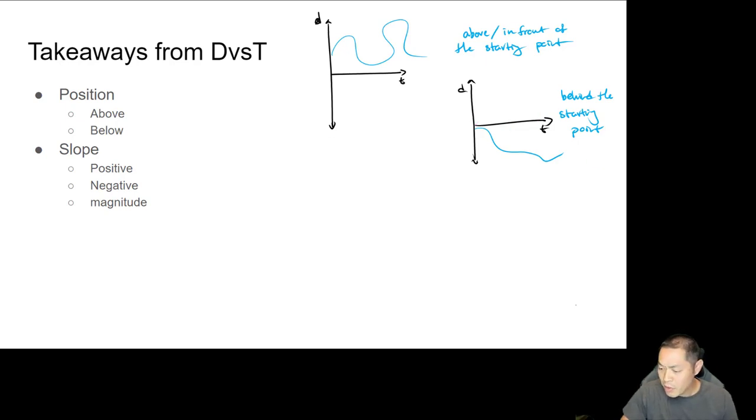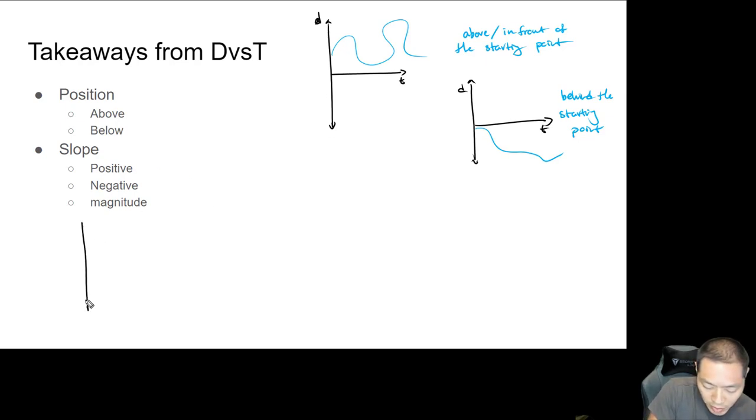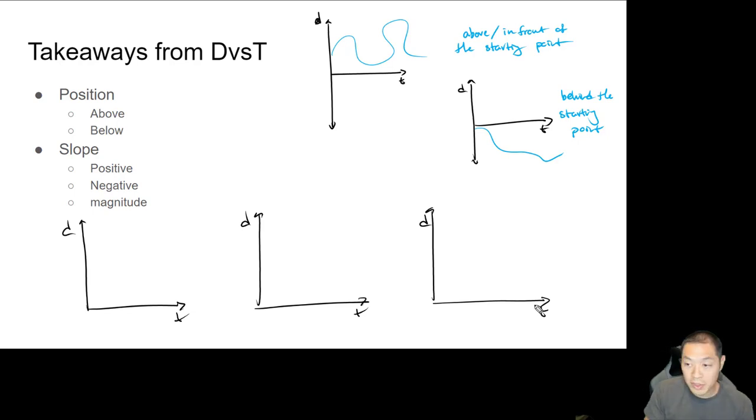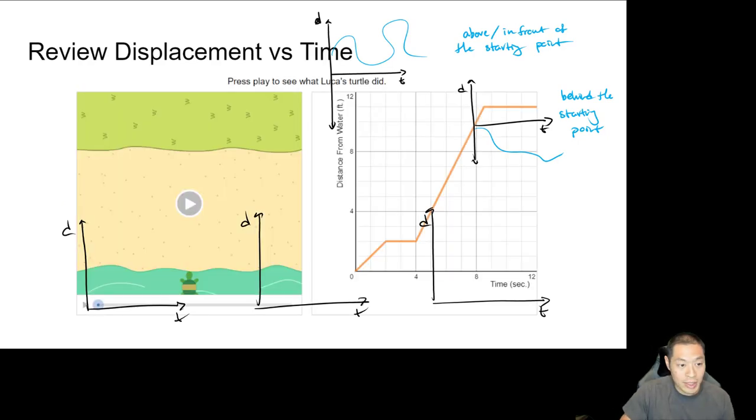Other takeaways that I wanted you to get from it was the slope. So I'm going to do it all right here. So you have one here, one here, one here. So D versus T, D versus T, D versus T. All right, so we'll do the positive one first. So most of the stuff that you guys did, at least the first 3 problems that this Desmos activity has, right here you'll notice that's all positive.